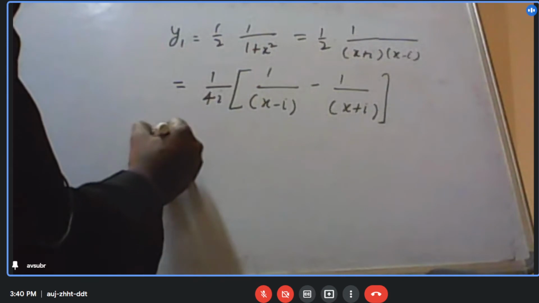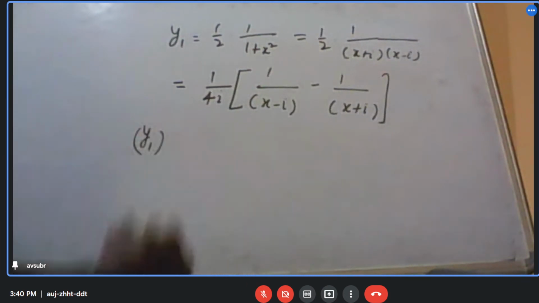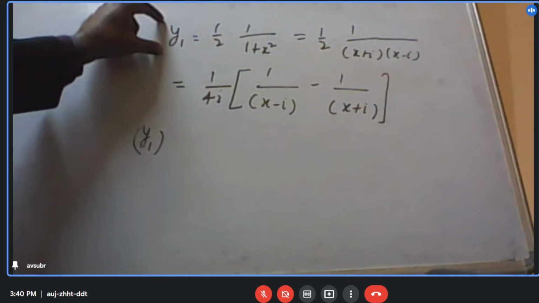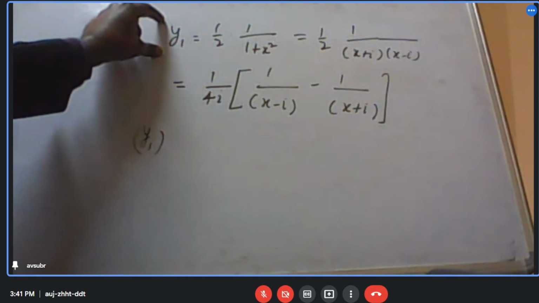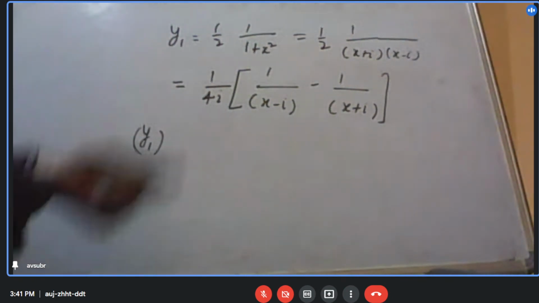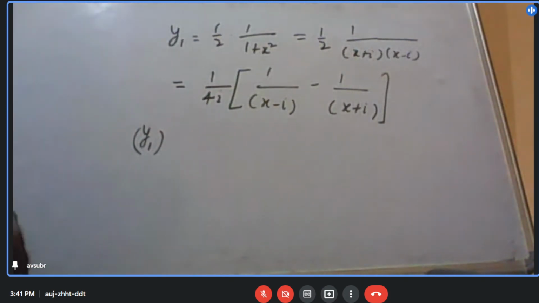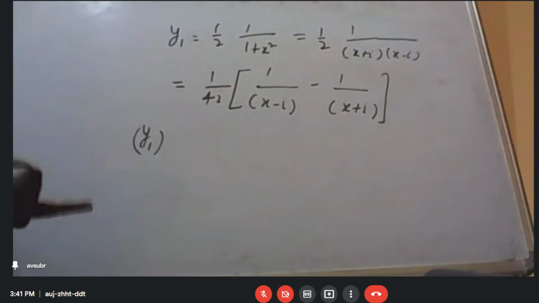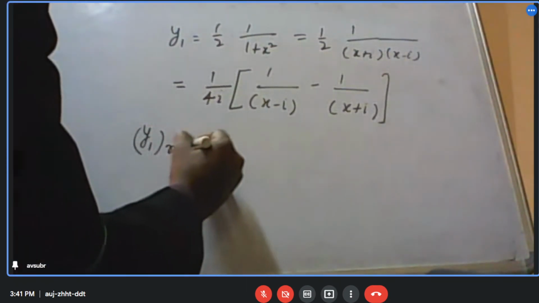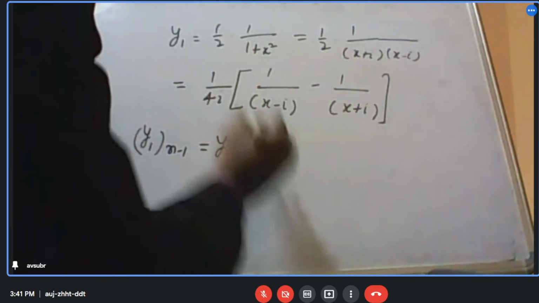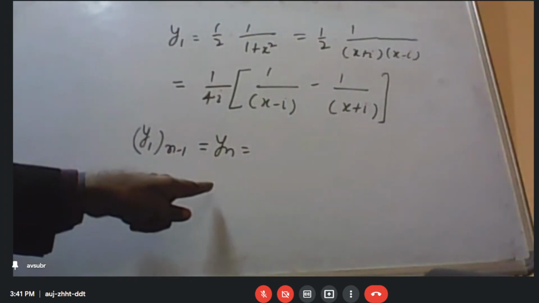What will be the nth derivative then? We have already found the first derivative. So to reach the nth derivative, how many more times do we have to take the derivative of this? n minus 1 times. So this is basically y, right?